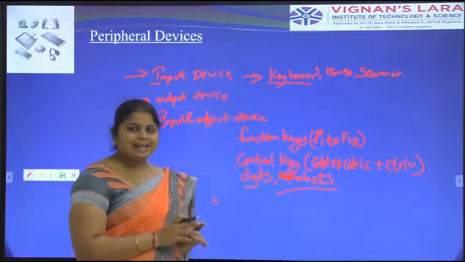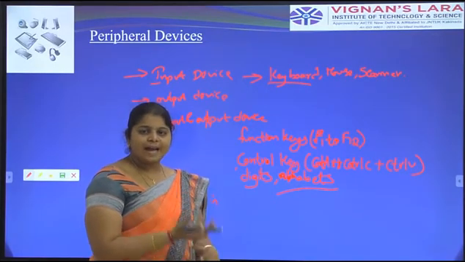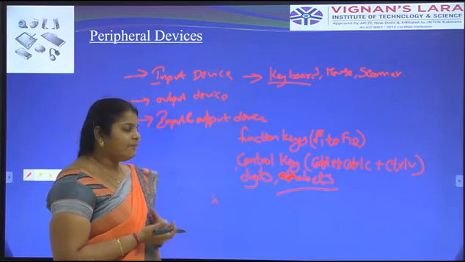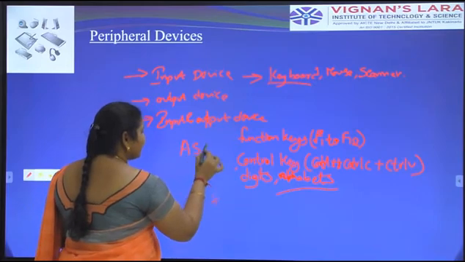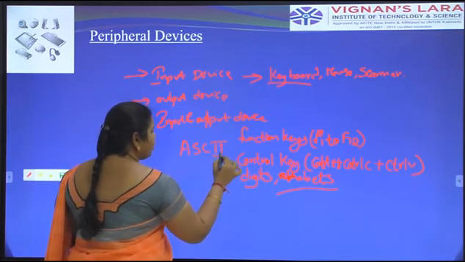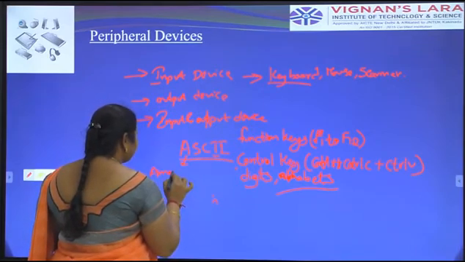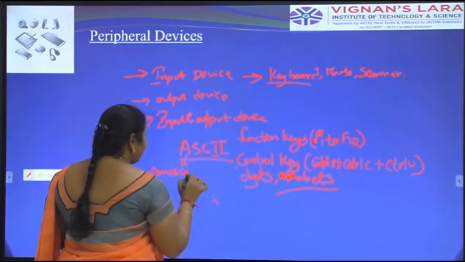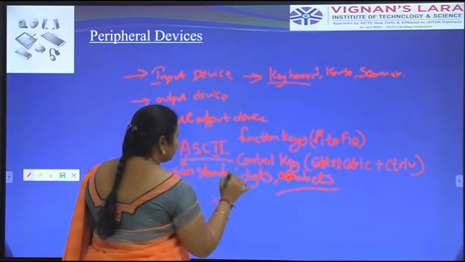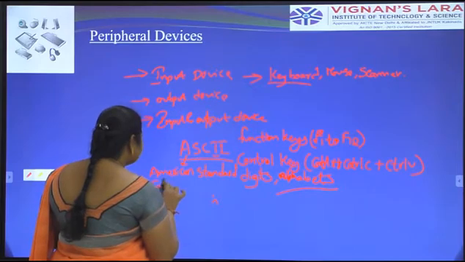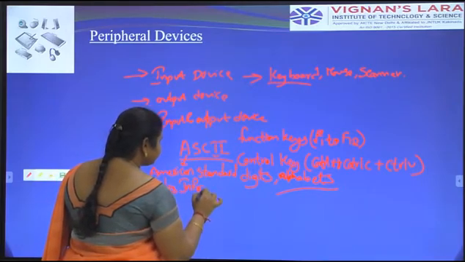The keyboard transfers the data to the computer with the help of ASCII code. What is ASCII? ASCII means American Standard Code for Information Interchange.